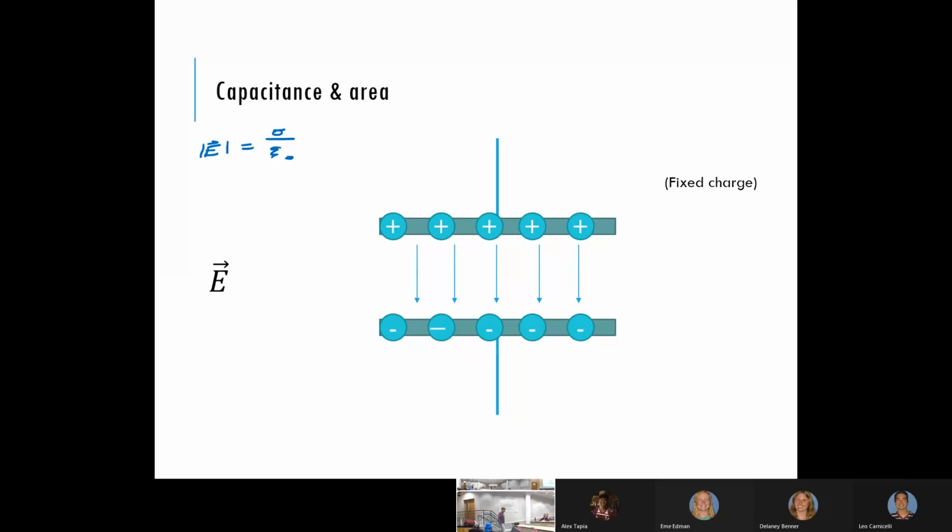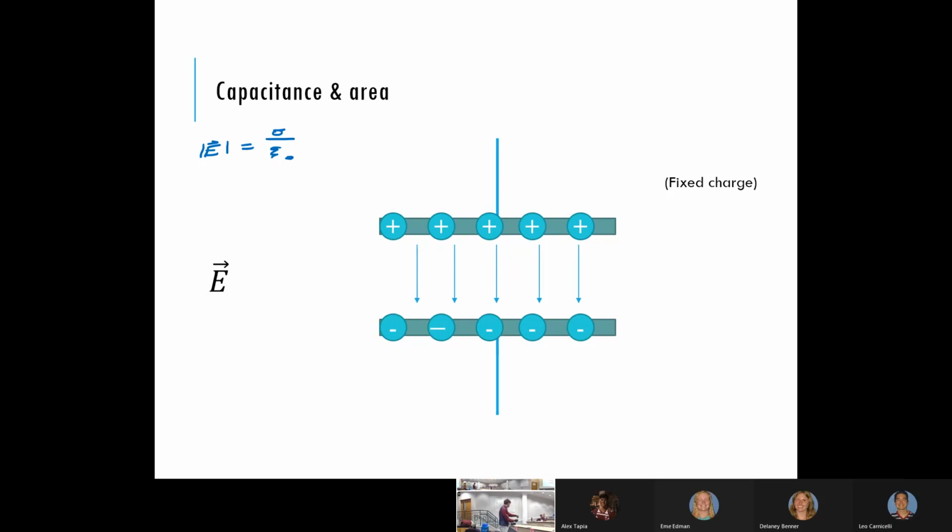And then let's say for a second that I take the two plates and I stretch them. So I have fixed charge on the plates, but then I stretch them to increase the area of the plates. What happens to the equipotential lines between the two plates?